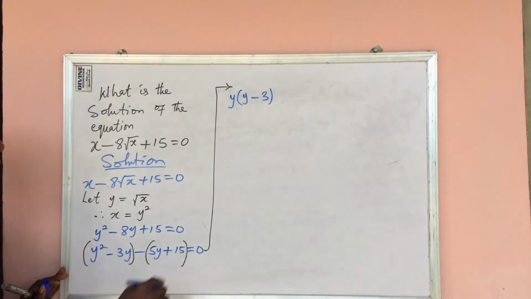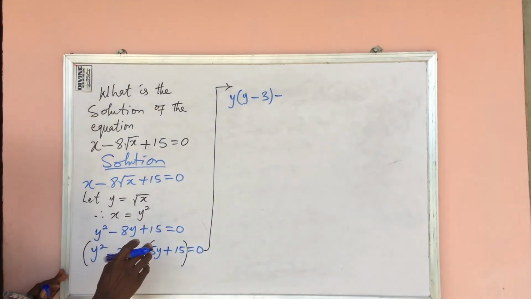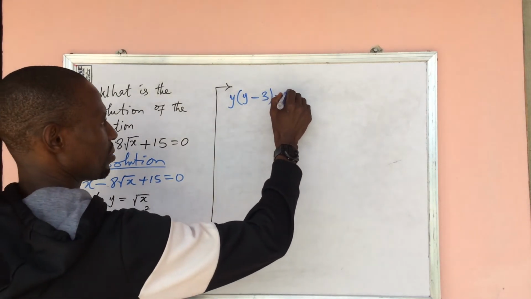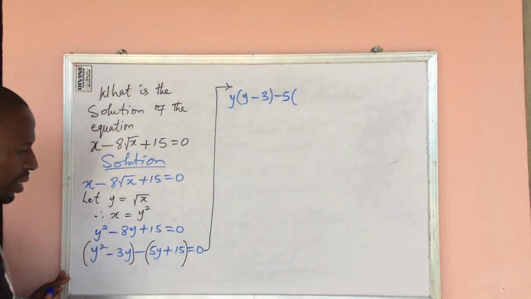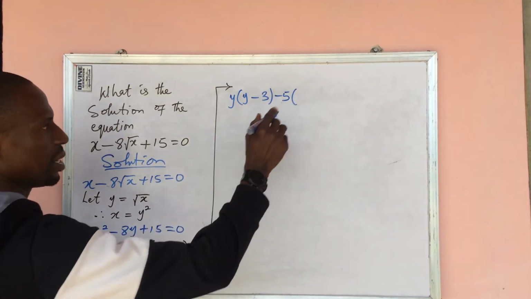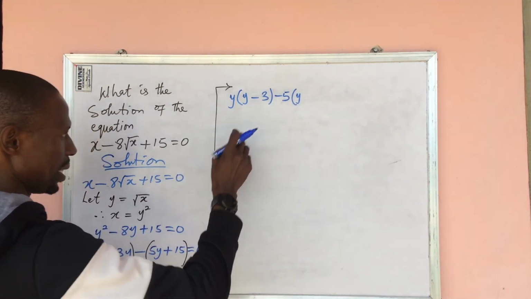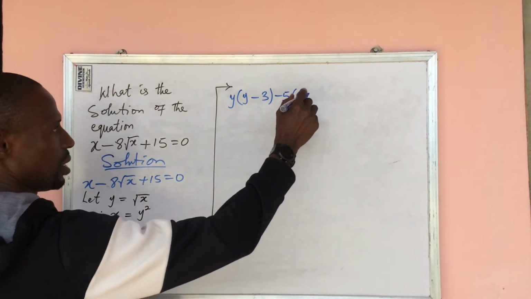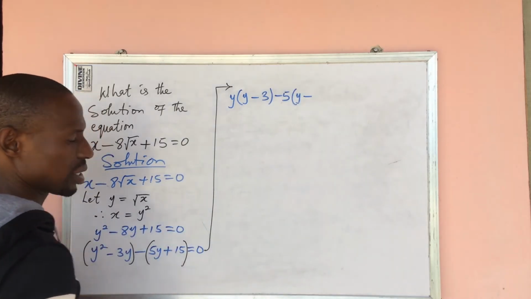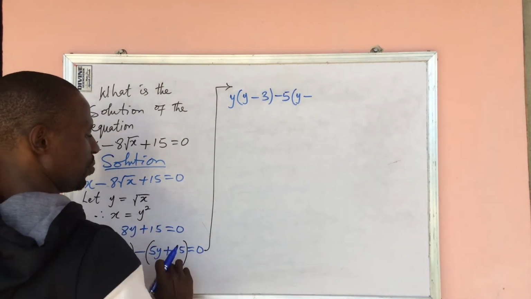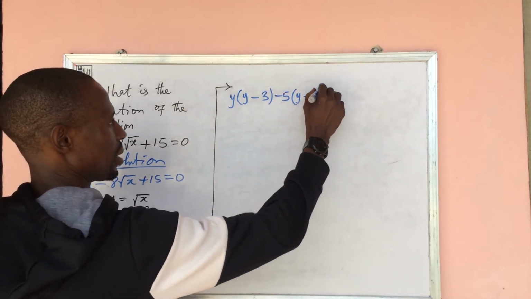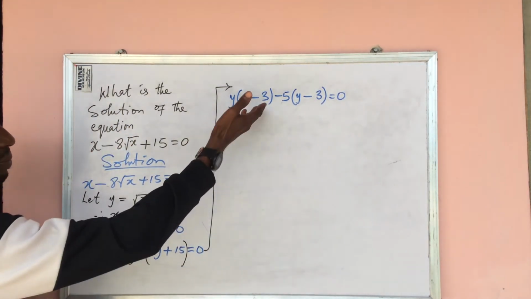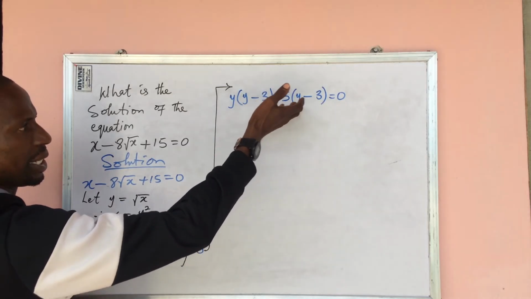Close the bracket. Minus, here what is common is 5. So we bring out 5, open bracket, 5 into 5y, we are left with y, then minus times plus will give us minus. So 5 into 15 will give us 3, equal to 0. Now if you look at the terms in the brackets, they are the same.